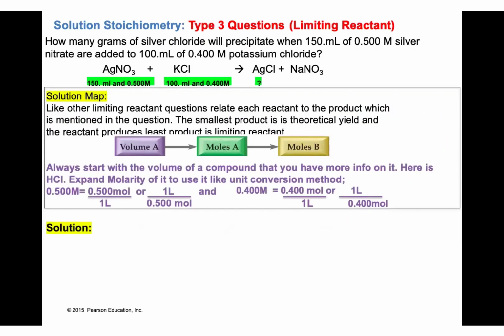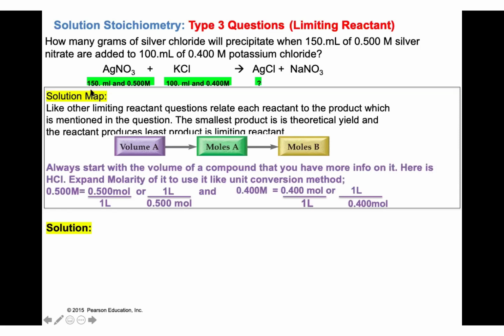Okay, guys, let's go to the type 3. Of course, limiting reactant. So how we cannot do the limiting reactant? All of the stoichiometry has the limiting reactant in it. So of course, in limiting reactant, they gave us 2 given numbers. So they gave us all of the information we need for them.